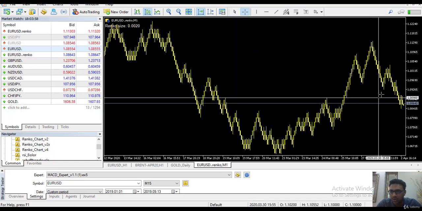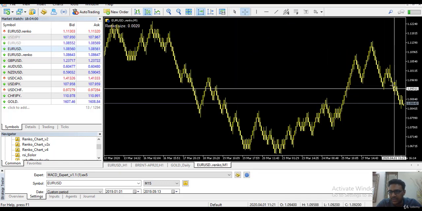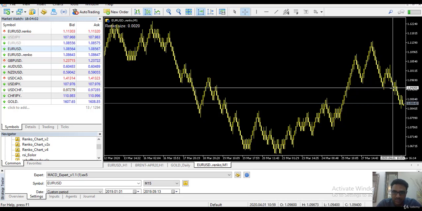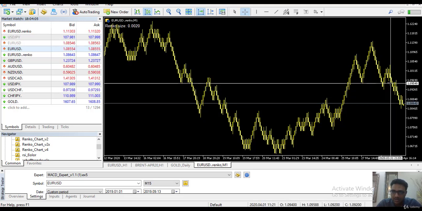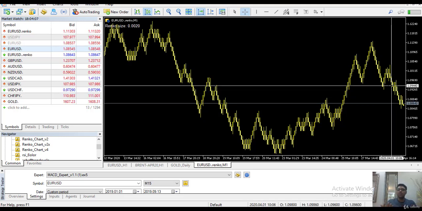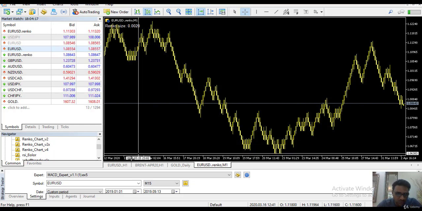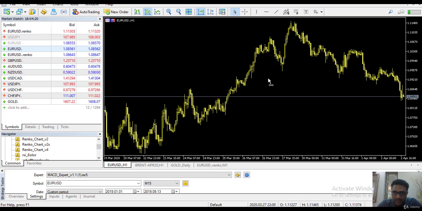It has only moved 2 bricks, 200 pips each, right? So this is how Renko makes it more interesting. Renko does not take into account the noise and the range areas, the noise that we want to filter out.